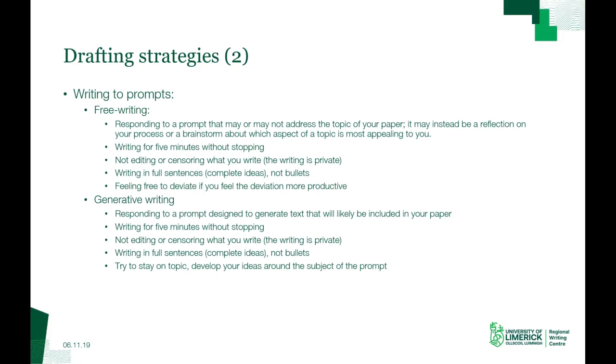Free writing may generate text that will be included in your paper, but it may as well develop ideas that are important to your development as a writer, such as reflections on your process of production, your understanding of your writing situation, or social, cognitive, or affective obstacles that are blocking you from moving forward.